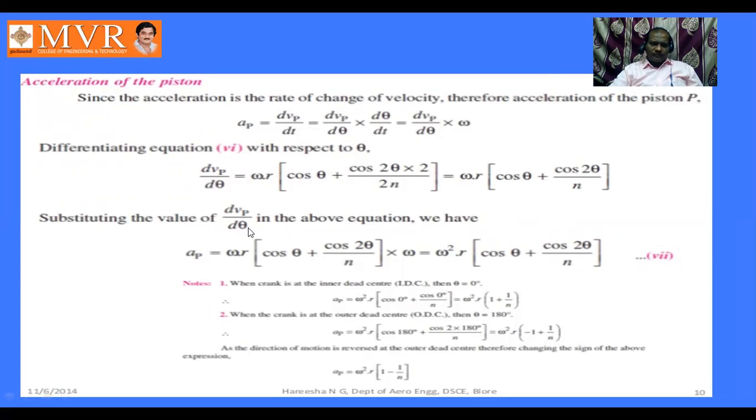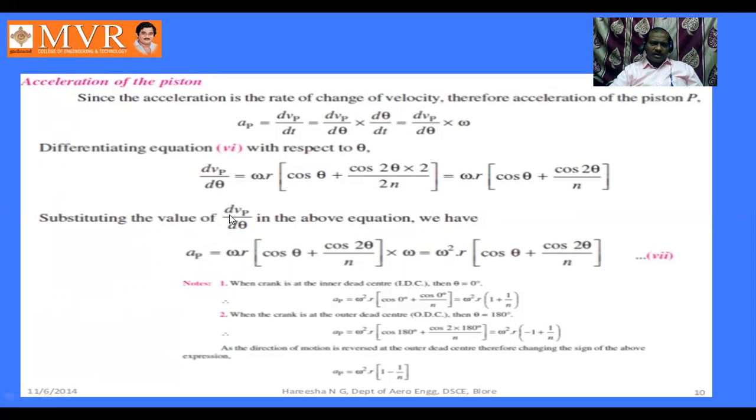Substituting the value of dVp by d theta in the above equation, we have Ap is equal to omega into r cos theta plus cos 2 theta by n into omega, that is equal to omega square r into cos theta plus cos 2 theta by n.